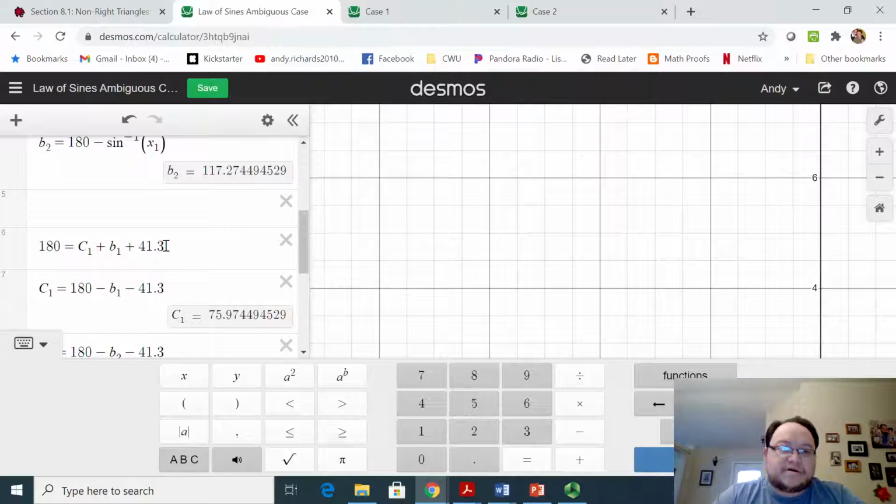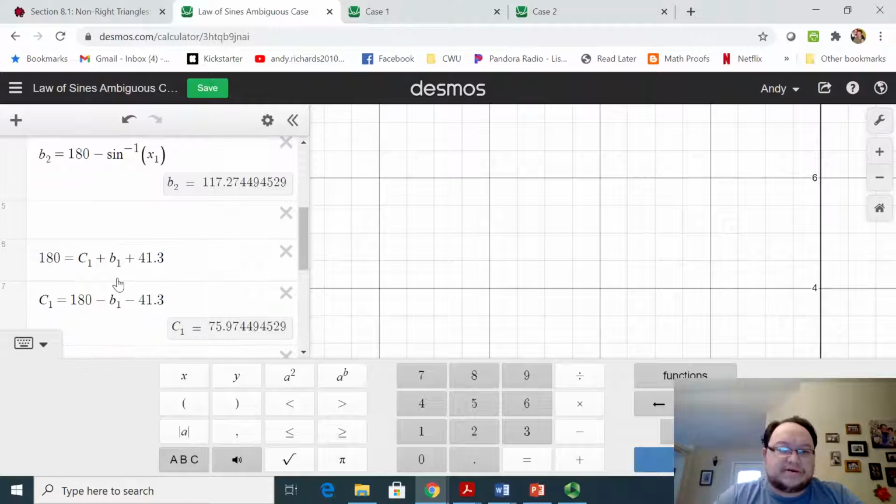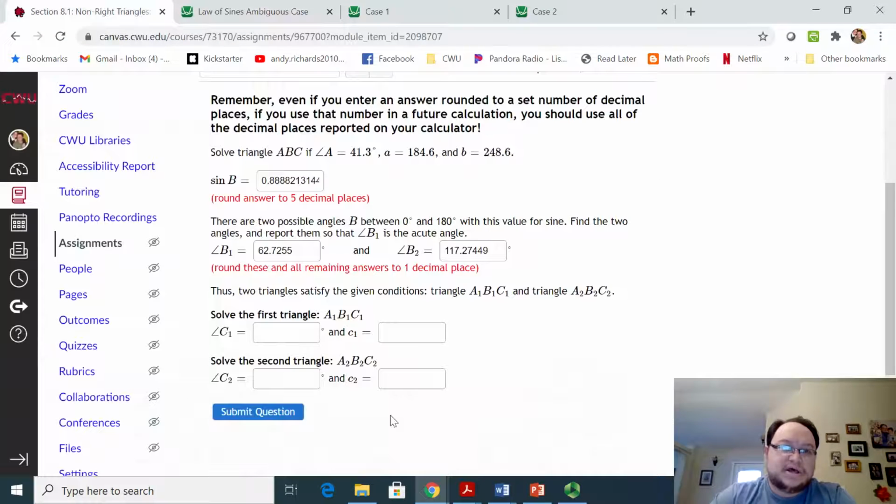So if our angle A is 41.3 and this B sub 1 is our 62.72, well then we could subtract those things over and we know what our third angle measure is here. I'm going to go ahead and write that down. So 75.97449. So if we were to force this angle to be in the first quadrant, well then we've got this that we're dealing with.